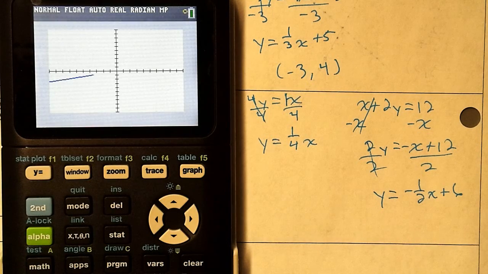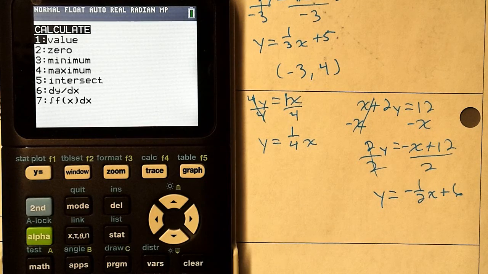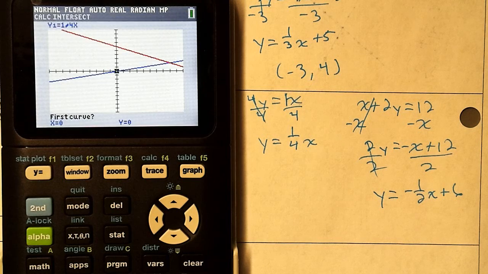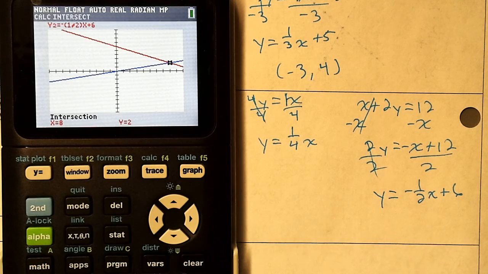Hit graph. So we got our lines. Yes, they intersect right there. To get that point exactly, second trace, go to intersect. Number 5, push enter, and then first curve blue line, second curve red line. Guess where they intersect? They intersect at 8, 2.